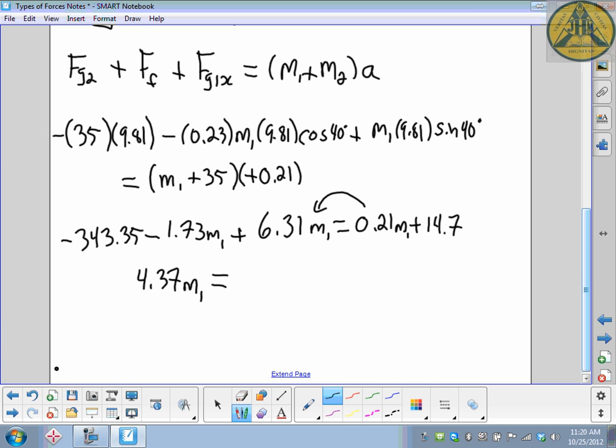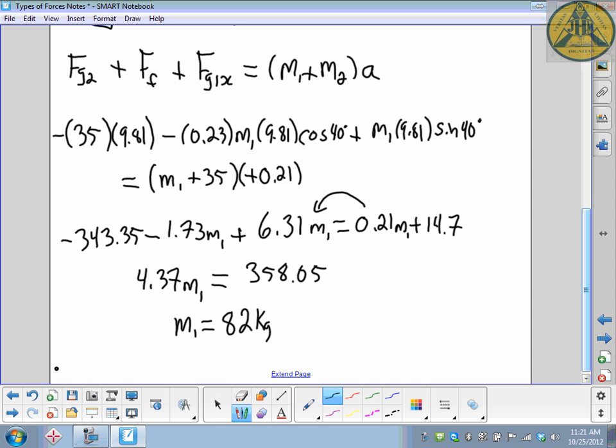On the right, the 343 is going to become positive 343.35, and it's going to add to 14.7, give me 358.05, dividing both sides by 4.37, gives me a mass of 82 kilograms.